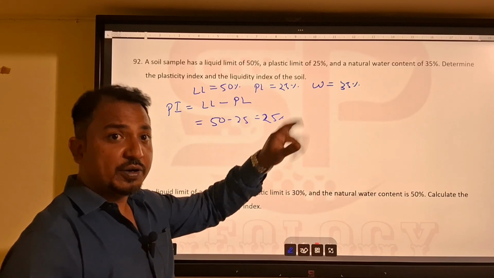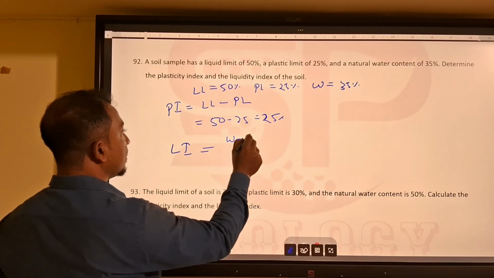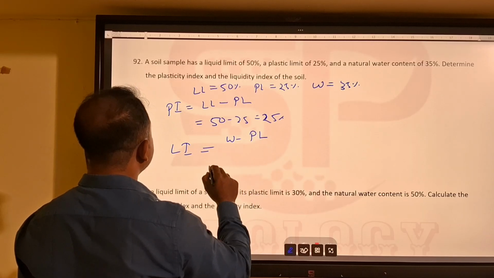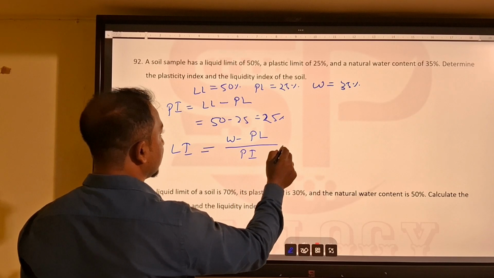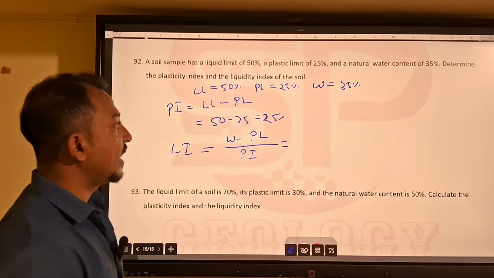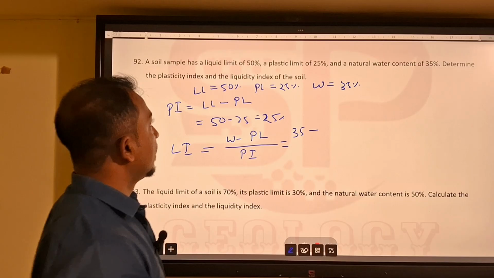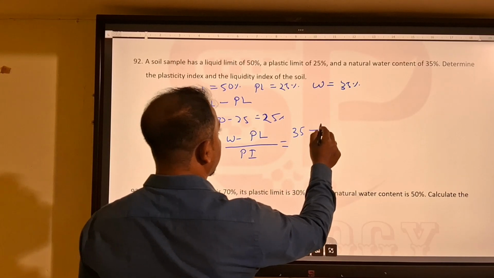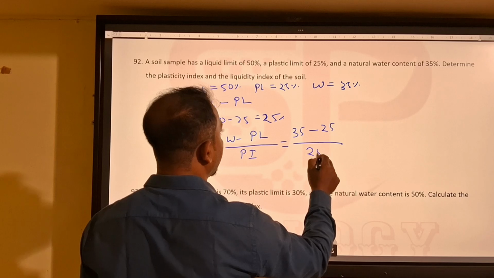Then you have to calculate the liquidity index. So the liquidity index will be W minus plastic limit divided by plasticity index. So W is given here, 35, minus plastic limit, which is 25, divided by plasticity index, which is also 25.